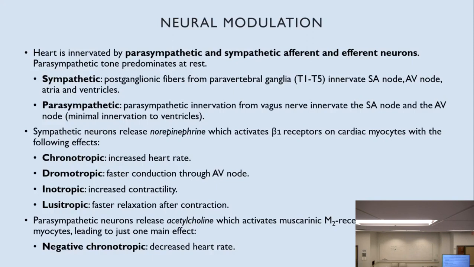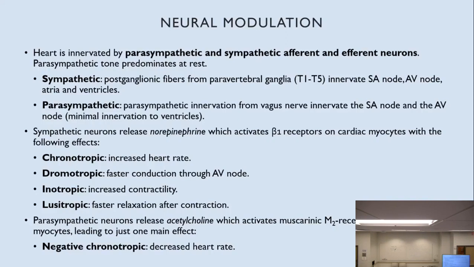We have inotropic medications or neurotransmitters like epinephrine, norepinephrine that increase the contractility, like the oxytocin, but we are talking here about the autonomic nervous system. And we have lucitropic, that allows a faster relaxation after the contraction. All those are effects of beta-1 receptors when they are activated by norepinephrine or epinephrine.